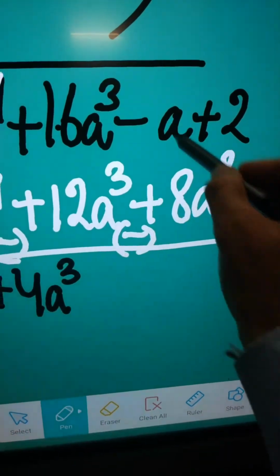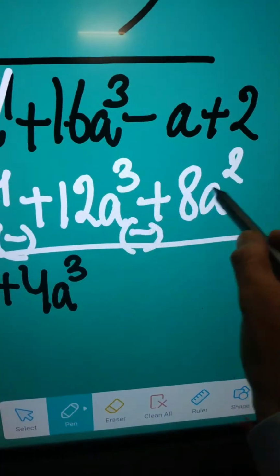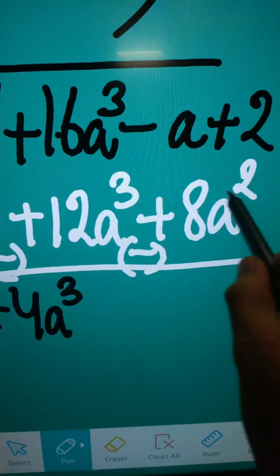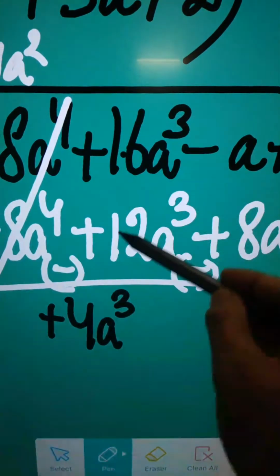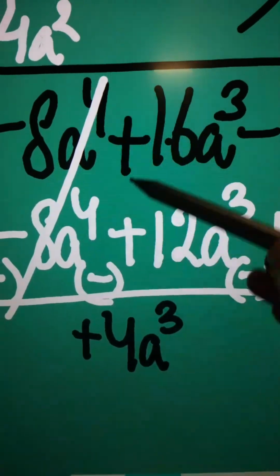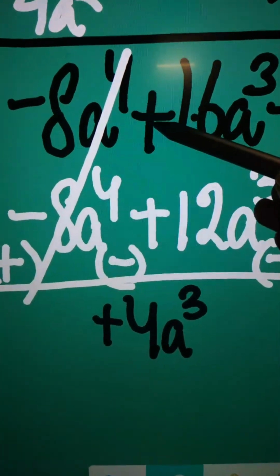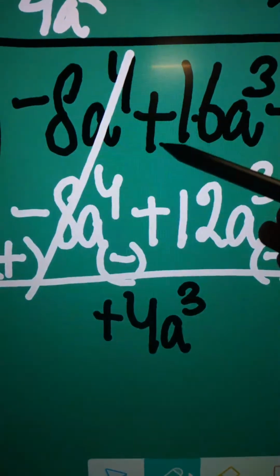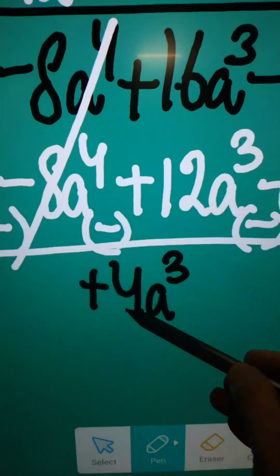So when you cannot subtract, we will copy the term in descending order. That means I will write 8a square. 16a cube and 12a cube are like terms, so they subtract. Since they subtract, the new sign is seen. So plus 16 and minus 12 will become 4.